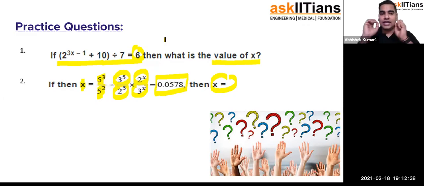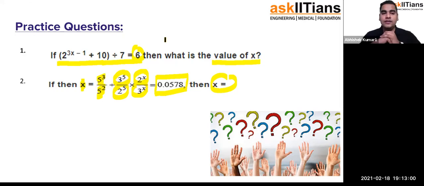So let us quickly go through what we discussed in today's session. We discussed what is exponent, what is exponential form, and what are the different terms that we have in this exponential form. We also learned how this topic, exponents and power, relates to our real life. That is one of the important things.